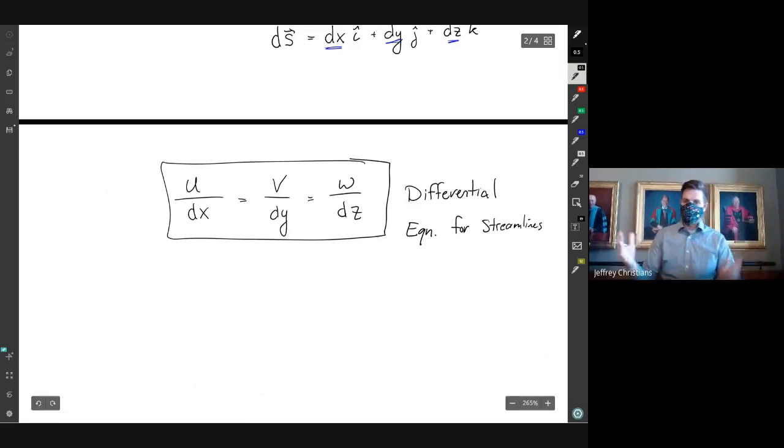Right, and it's a differential equation because it has those differentials dx, dy, and dz. Hopefully you can just kind of convince yourself that this is just a scaling between the two things.